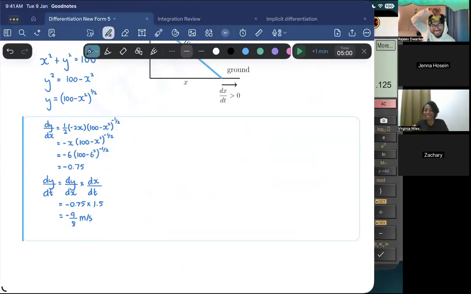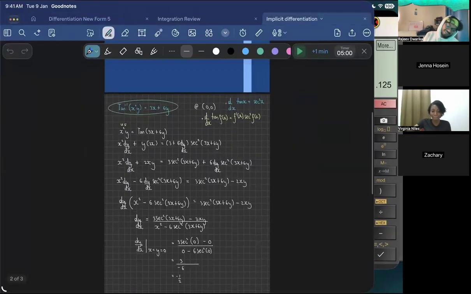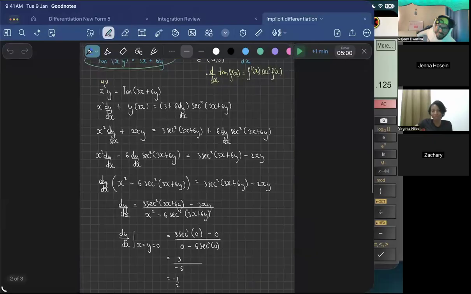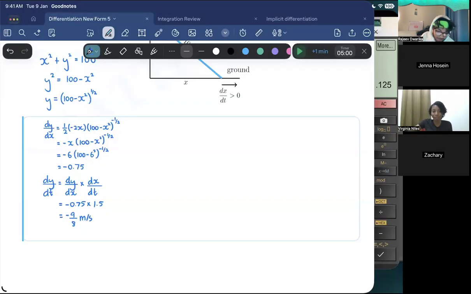I like the other way as well, but when you reach this level, you can't make y the subject. You have to implicitly differentiate. I'm telling you guys, Pure Maths was such a fun time. I really enjoyed Unit 2 Pure Maths. So fun, but everybody is different.